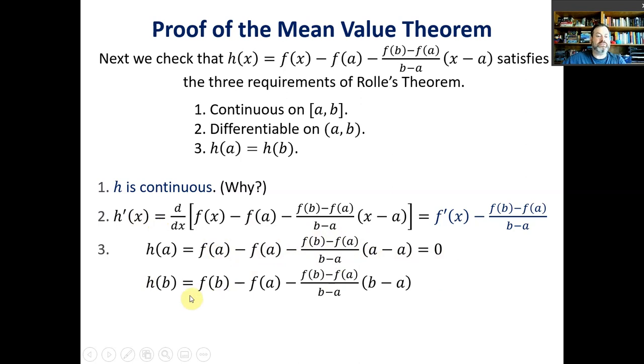Now we check h of b. Everywhere you see an x, you plug in b. Right, so we have b minus a, and this f of b minus f of a. So watch what happens here. This b minus a and b minus a cancels, so we have f of b minus f of a minus itself. Any number minus itself is 0.